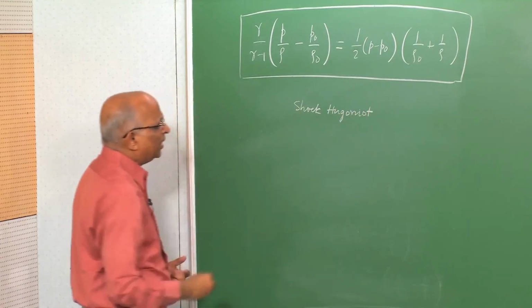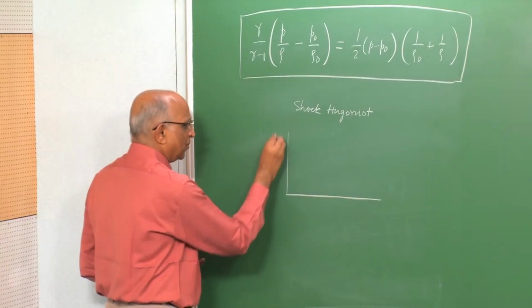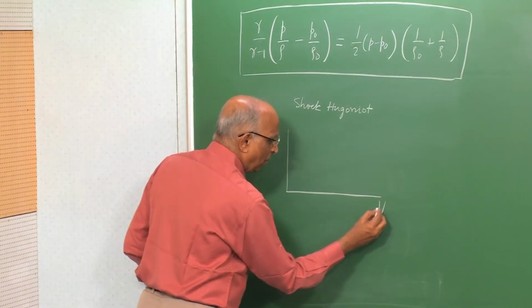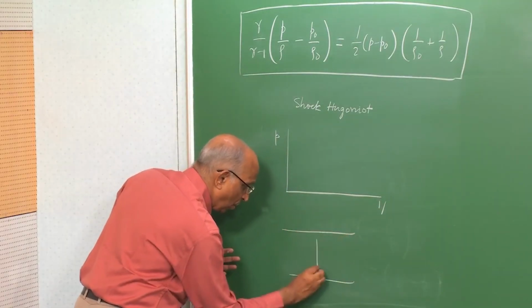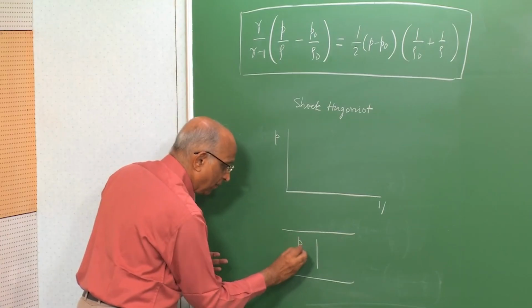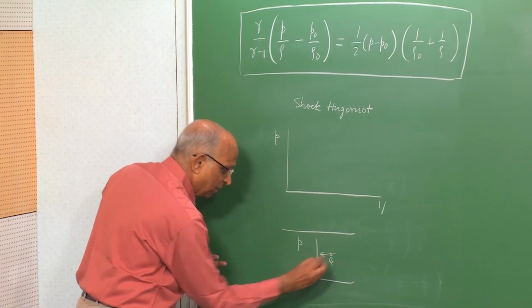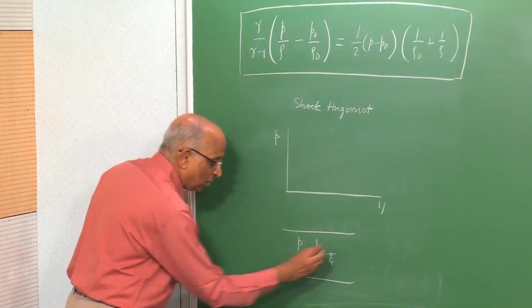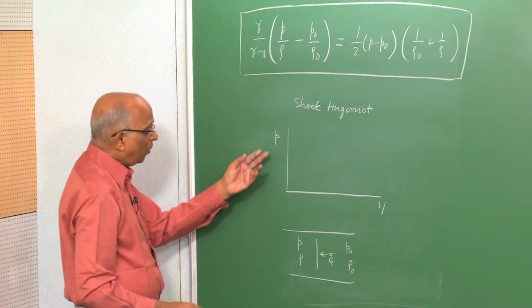Let us see what it gives. Let us say I am interested in the properties behind the shock, which is P. I look at the properties ahead of the shock, maybe let me sketch it again. I have the shock which is stationary, which we kept stationary, the gas is moving ahead of it with a velocity Rs dot, the pressure is P, the density is rho, the initial pressure is P 0, the density is rho 0, and what does it give?